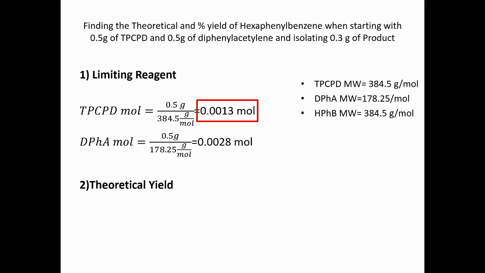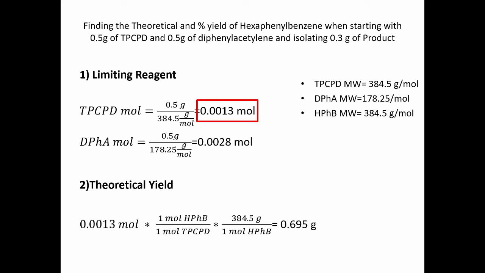Now that we know the amount, in moles, of our limiting reagent, we can determine what should be the mass of our hexaphenylbenzene. Starting with the moles of limiting reagent, we saw from the reaction that for every 1 mole of TPCPD, the limiting reagent, it gets converted to 1 mole of hexaphenylbenzene.